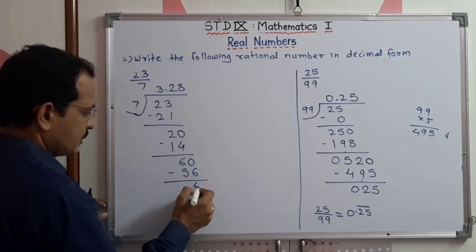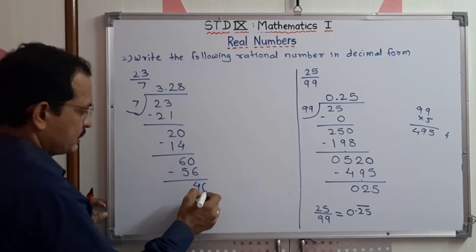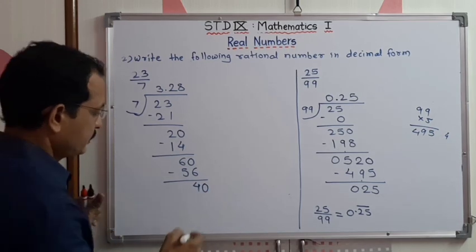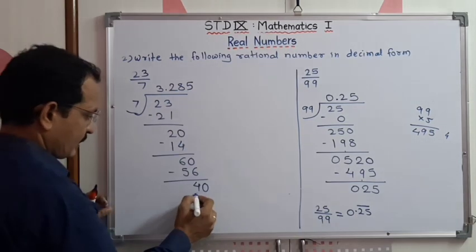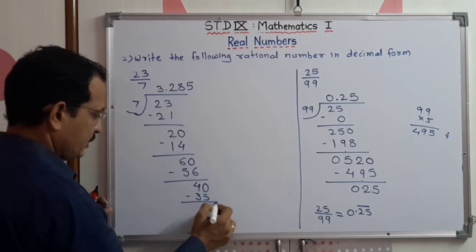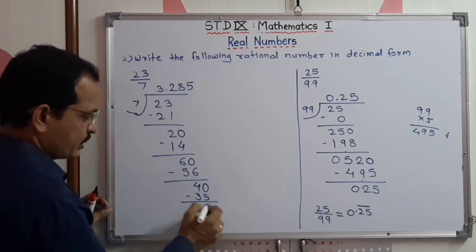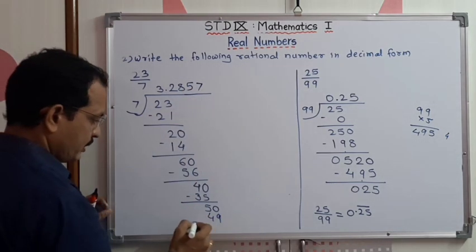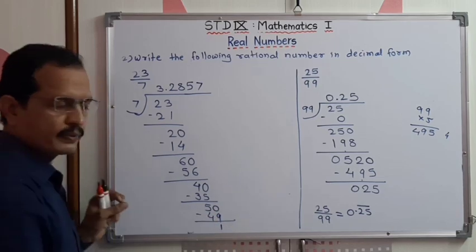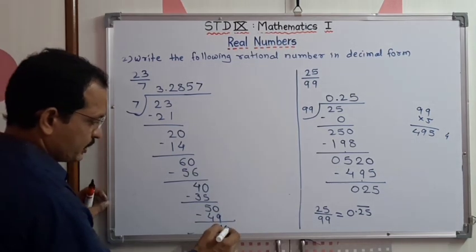It is 4. 7 5s are 35. It is 5. Then 0, 7 7s are 49. It is 1. Then 0.